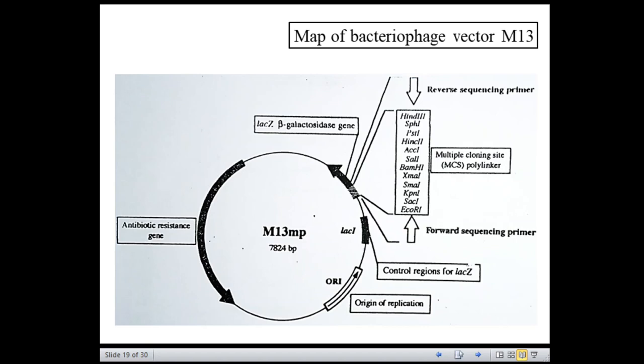The bacteriophage DNA is replicated as a double-stranded replicative form DNA intermediate, that is RF DNA intermediate, and a number of regular DNA manipulations may be performed, which include but are not limited to restriction digestion, mapping, and DNA ligation.